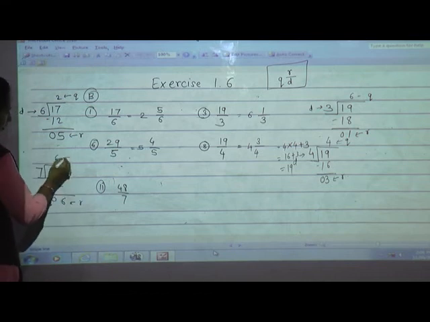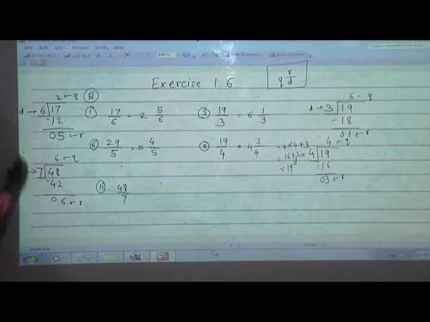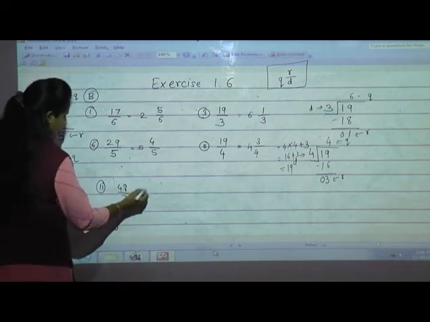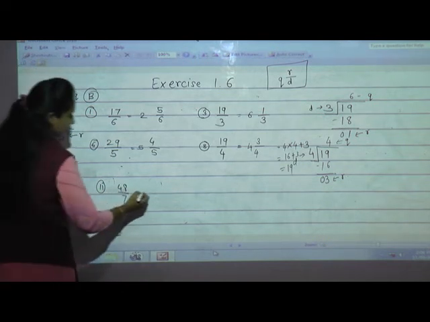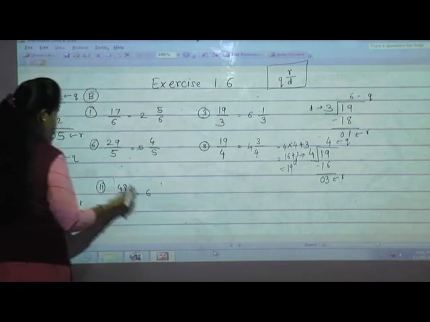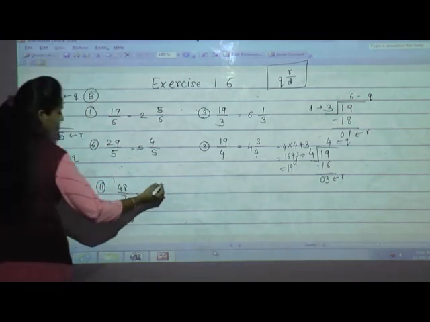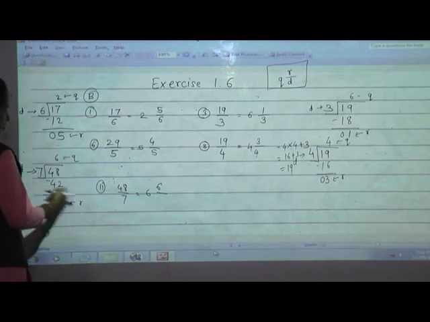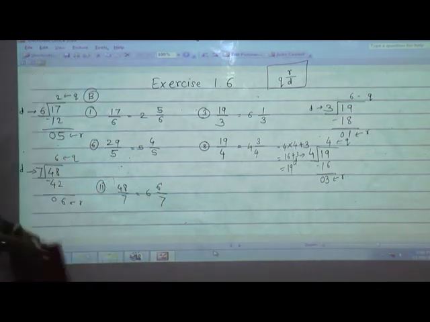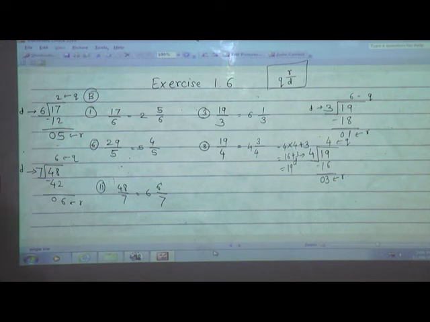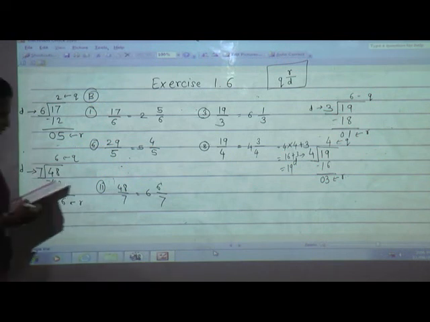This is remainder. This is quotient and this one is denominator. So write quotient first 6 and remainder in the place of numerator and denominators will remain as it is. Clear? Yes. Last one more I will solve for you.